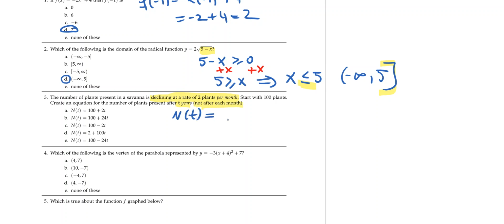So it's basically N of t equals mt plus b. But m, the slope, is going to be negative because it says it's declining at a rate of 2 plants per month. So minus 2 plants per month.